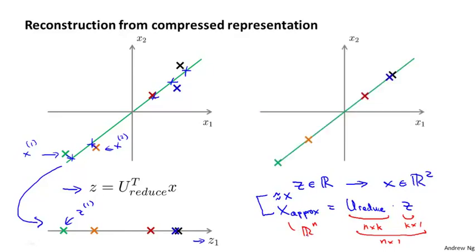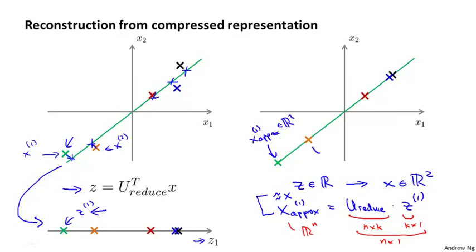To show a picture of what this looks like, this is what it looks like. What you get back out of this procedure are points that lie on the projection of that onto the green line. So to take our early example, if we started off with this value of X1 and we got this value of Z1, if you plug Z1 through this formula to get X1 approx, then this point here would be X1 approx, which is going to be in R2.